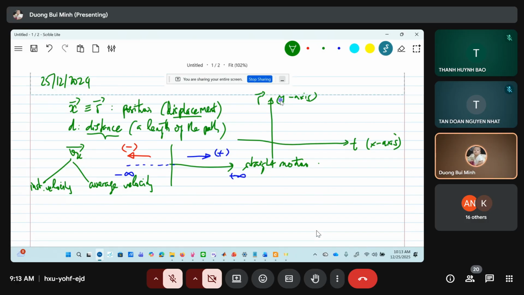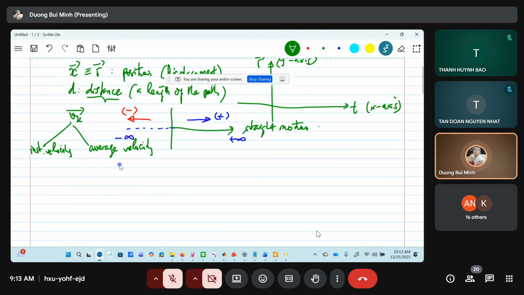To calculate the instantaneous velocity, we have vx equals the derivative of x with respect to time, or we calculate the limit as delta t goes to 0 of delta x over delta t.